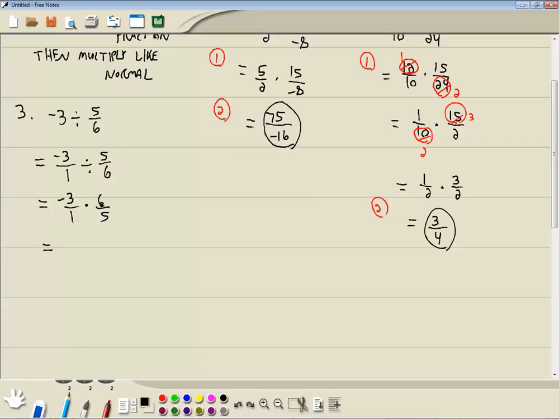There is no step 1 in multiplying fractions here because I have 3 and 5, 6 and 5, and there's nothing I can simplify. So I go to step 2. Multiply top parts together: negative 3 times 6 is negative 18. Multiply your bottom parts: 1 times 5 is 5. So our answer is negative 18/5.